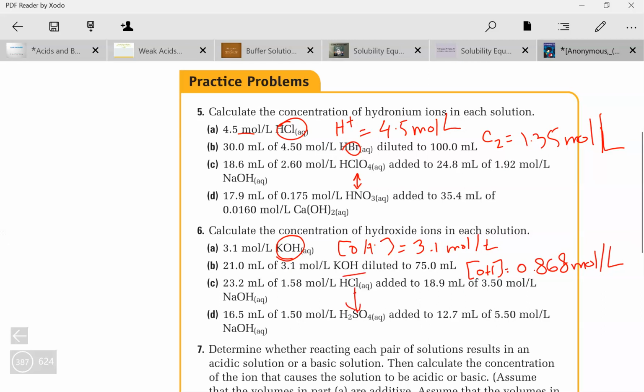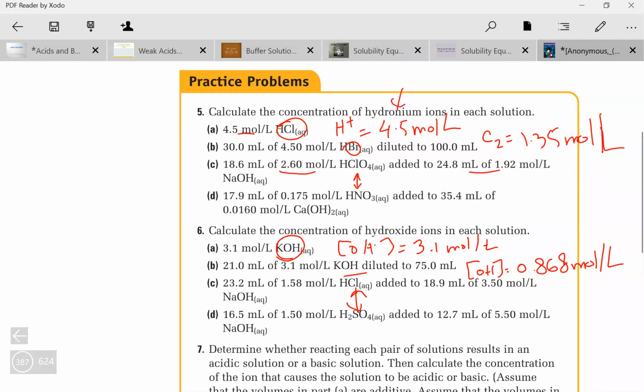The last two are again neutralization questions, so they're too long to go over, I think, in this video. Actually, I can maybe quickly do the answer. So you would calculate number of moles of acid, number of moles of base.